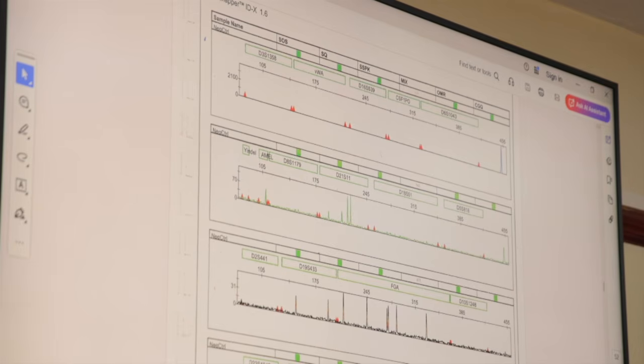Page 13 of your report. Yes, the ladder. Do you want the ladder up? Yes. This ladder in my report was taken from the website of the company that produces the kit.